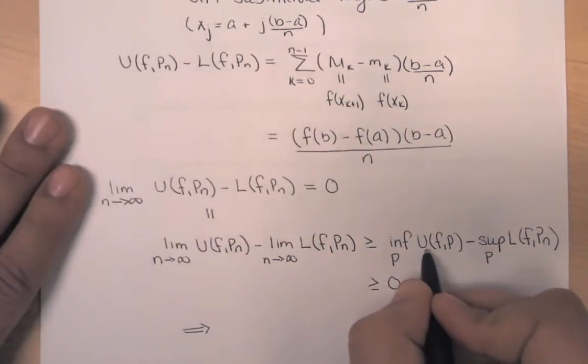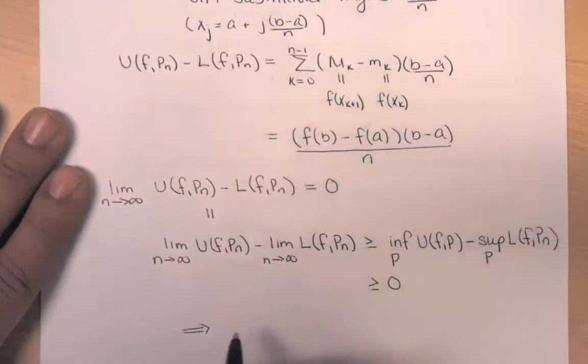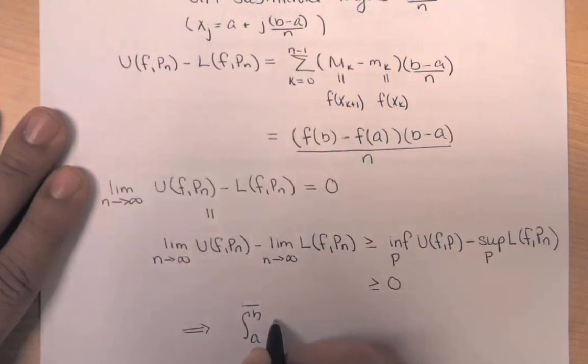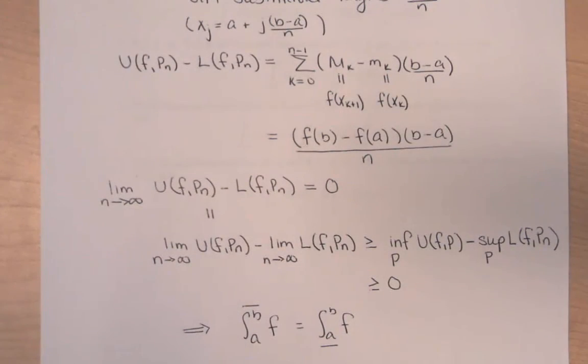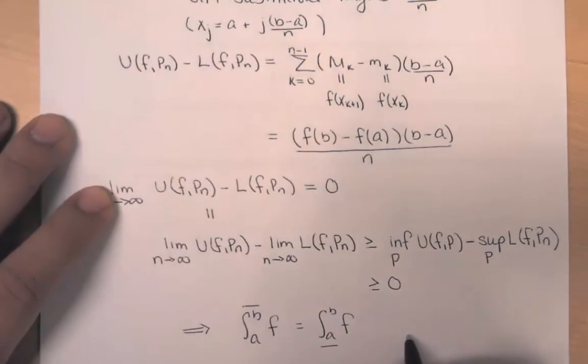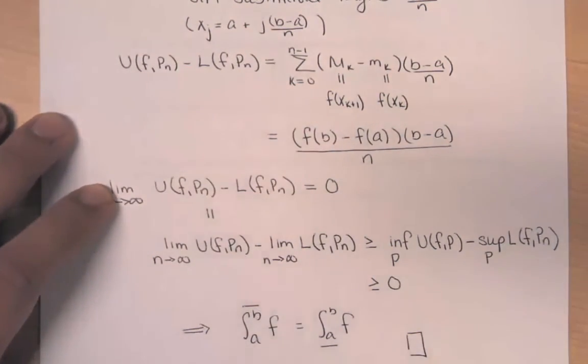That means this is equal to this, and this is the upper integral. Which is the definition of Riemann integrability. So we've proven our result.